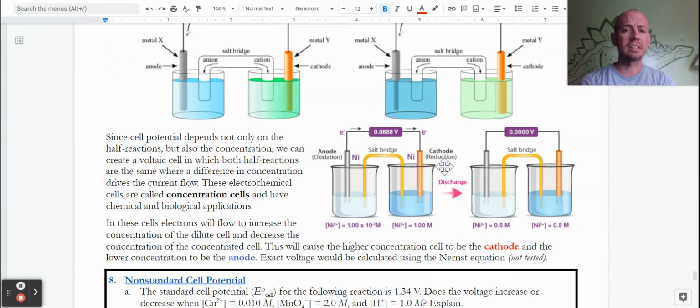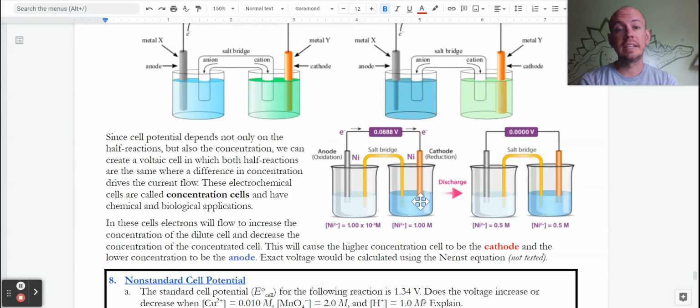It's also possible to play with certain cells where we're looking at different concentrations. So this would be a concentration cell. It can be used in plating a lot, meaning if we're trying to get a certain concentrate, or we're trying to get a metal to cling to or form a solid in a certain place.